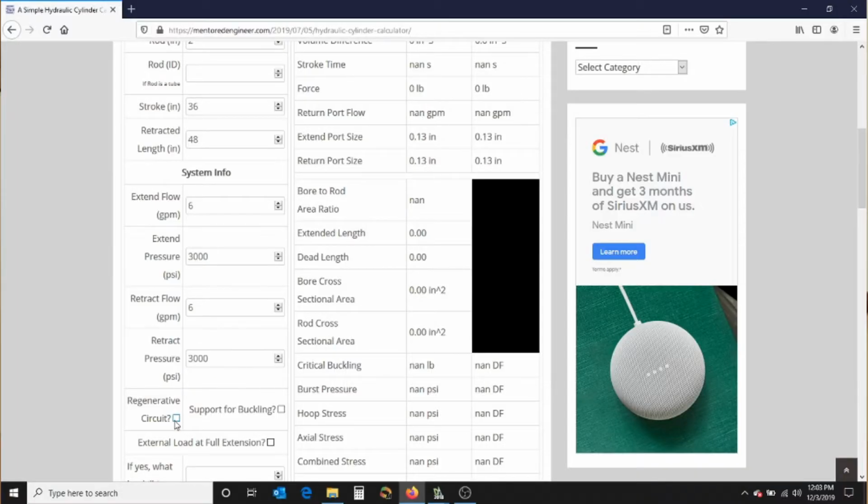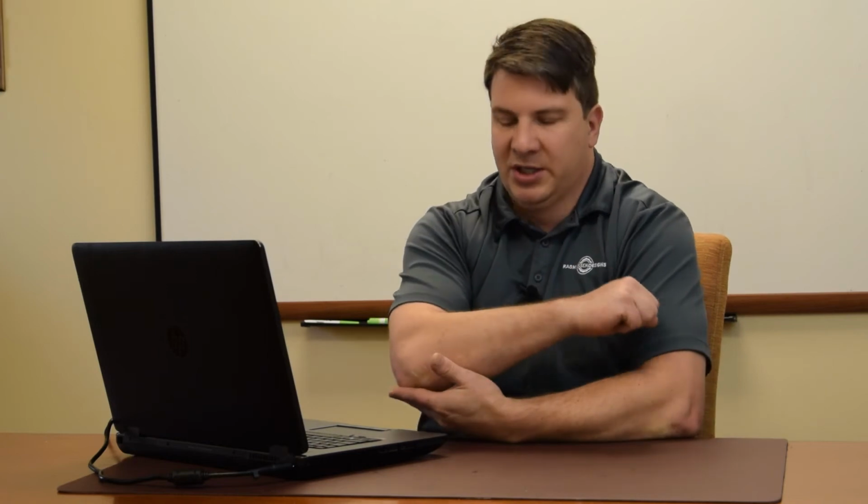And then there's a third option here of an external load at full extension. Now this is a situation that's popular in aerial lift devices, where you have a lower boom that goes over center, and suddenly you switch from a compression load when you start lifting it up, and all of a sudden it's in tension and you're trying to pull it back.